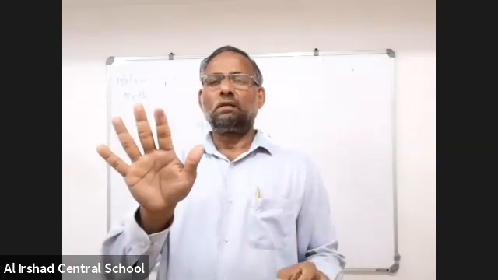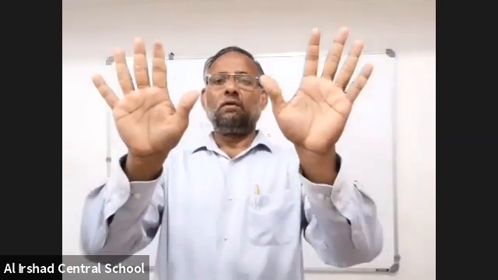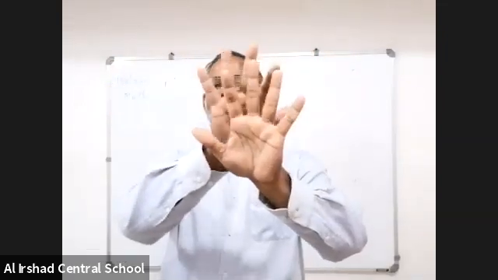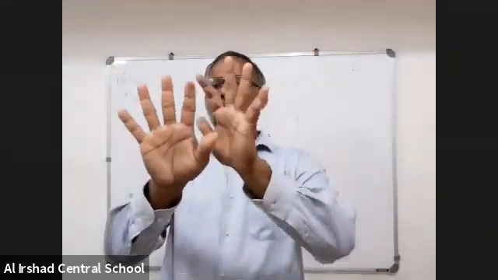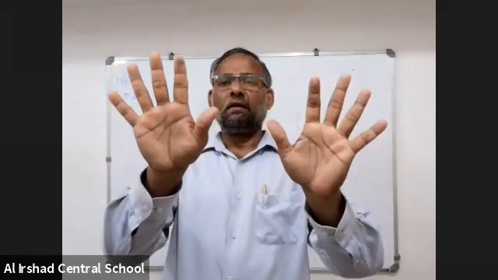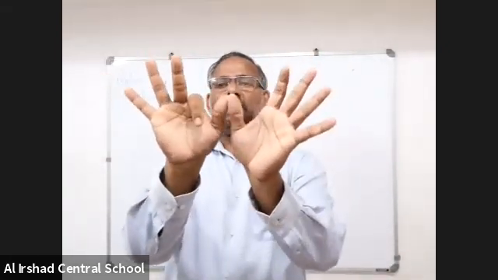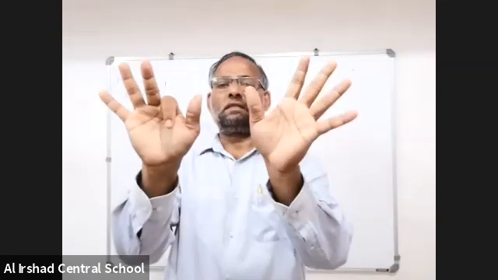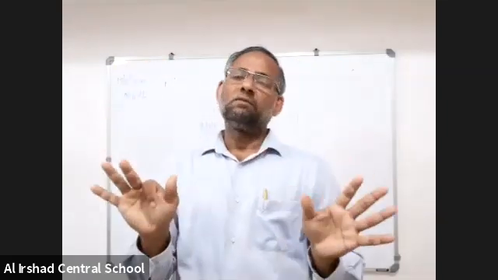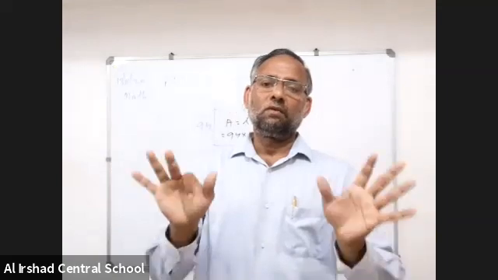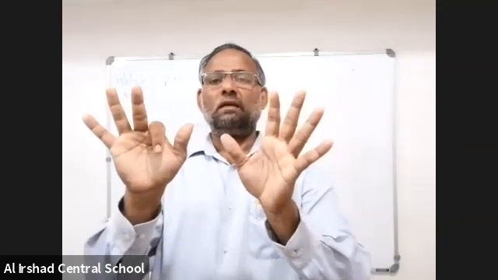Suppose you want 7 9s. Fold the 7th finger. Here you can see 6 and 3, 63. The 9 table is very easy. By using your fingers, you can do that.